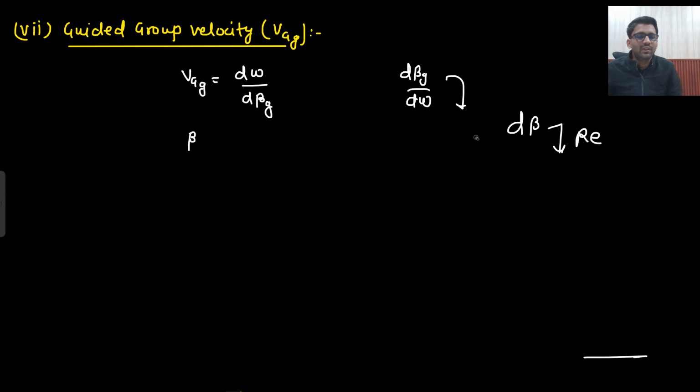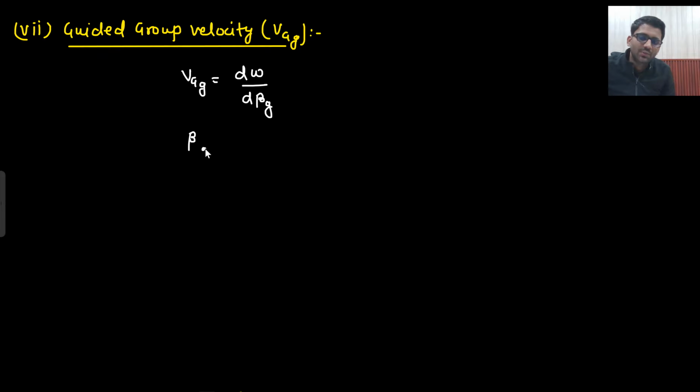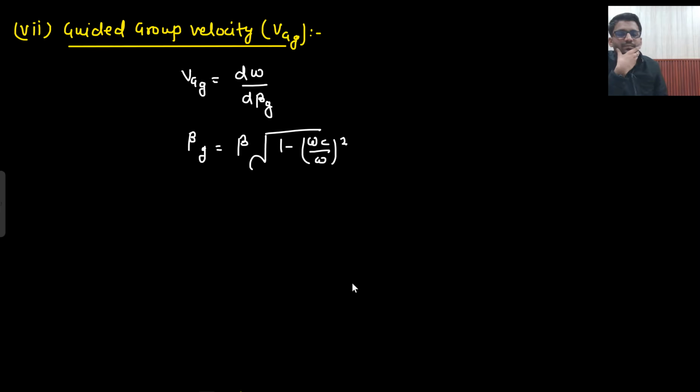Here also we are going to do the same thing. So first I am writing down the relation: beta g is equal to beta under root 1 minus fc by f whole square. Let's write omega, because fc can be replaced with omega c. So omega c by omega whole square. So this is your beta g.